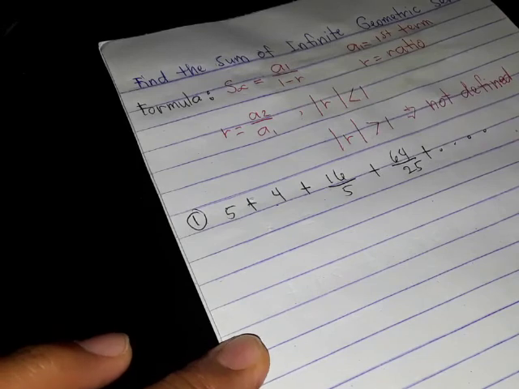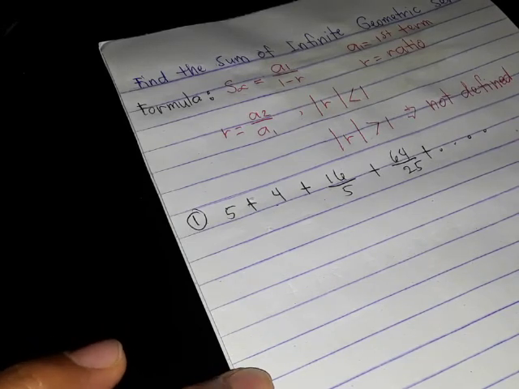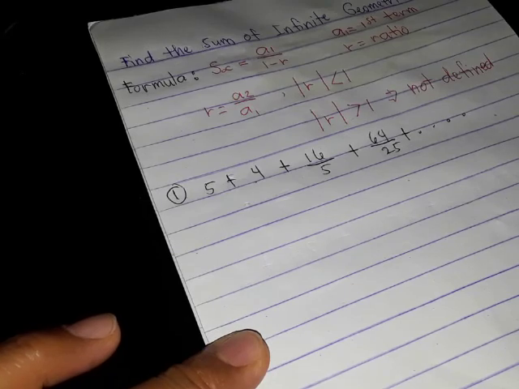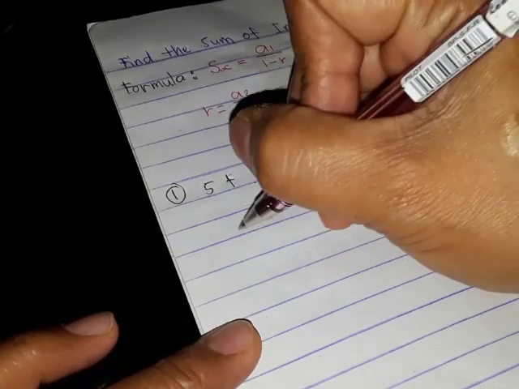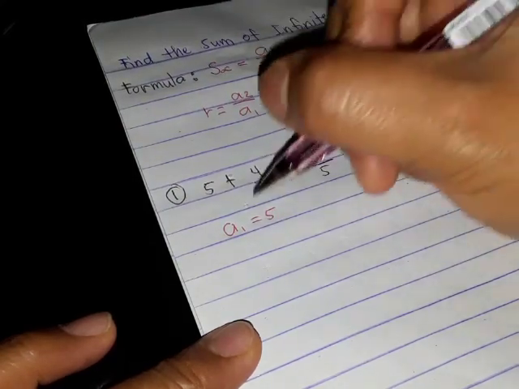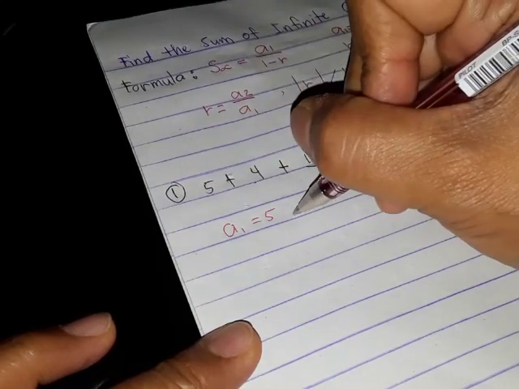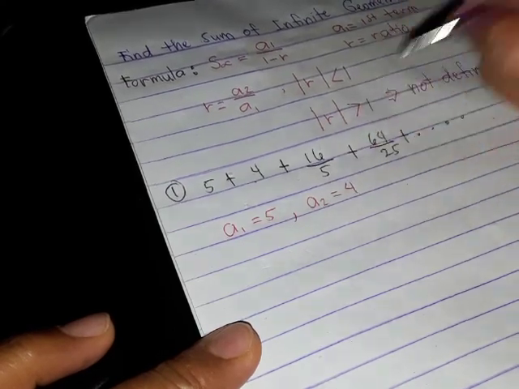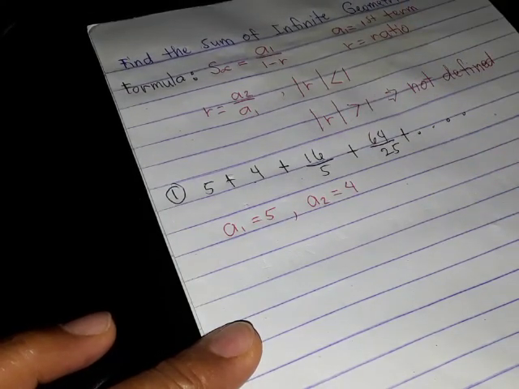Okay. So we have here, we're going to write first the given. A sub 1 is equal to 5. Then a sub 2 is equal to 4. Next, we need to get our r.